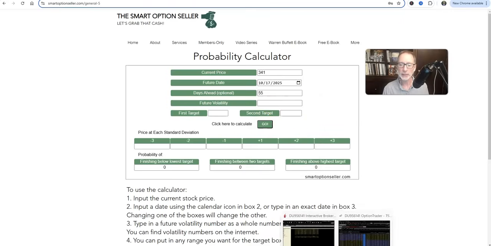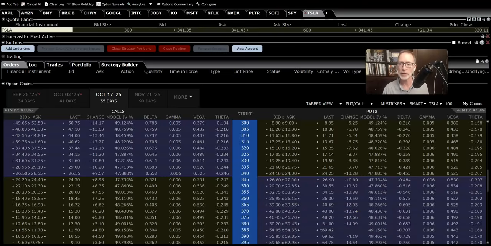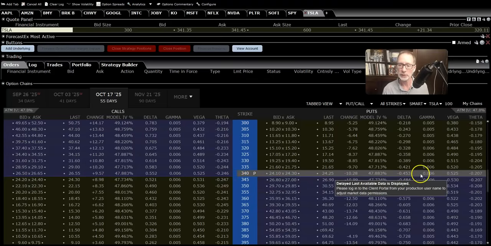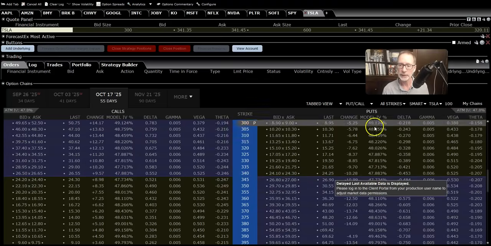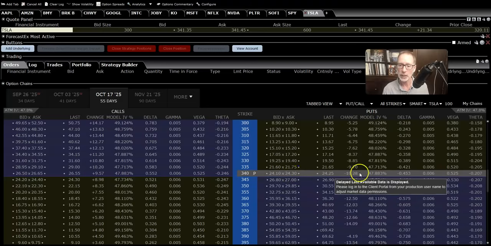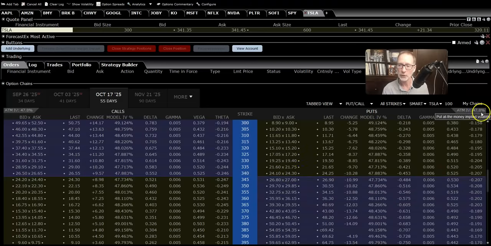And the volatility for Tesla for October, we can look at the at the monies, which is about 47.8%. You can look at the model IV column as well, 47.8 here, 47.8 here. And so we'll put in 48% in the calculator.